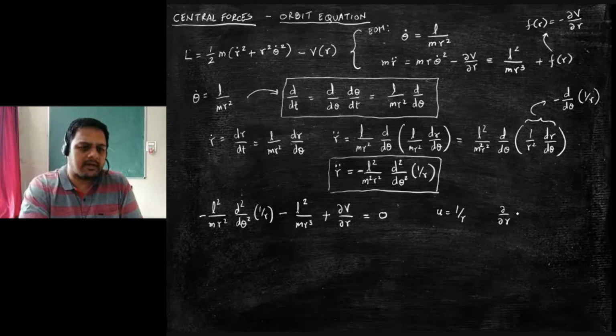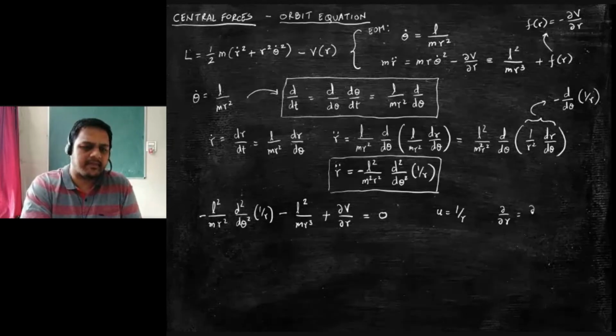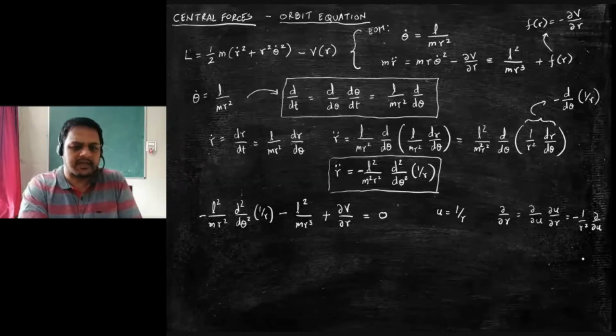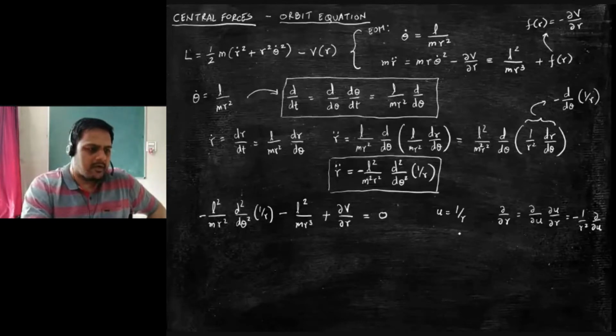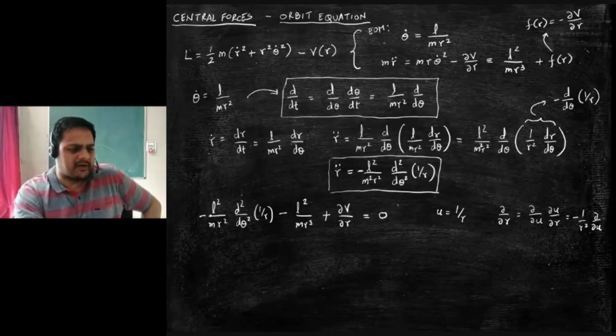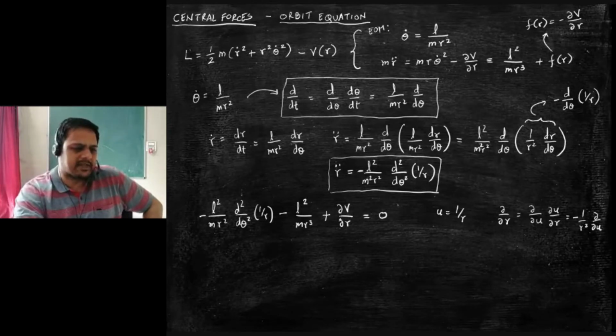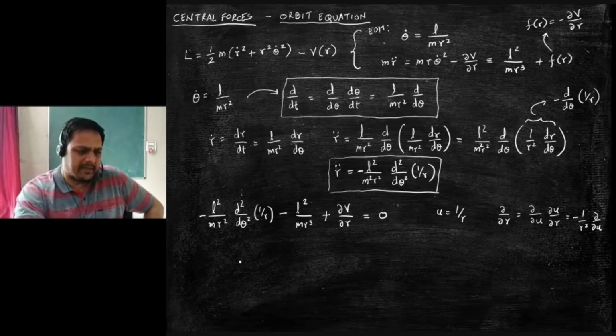Dabba by dabba r will be same as minus 1 by r square dabba by dabba u. Actually, this whole partial derivative can be written as a total derivative because this whole expression depends only on r. V also depends only on r. So this can be written as a total derivative. Barely matters, but just wanted to point that out.